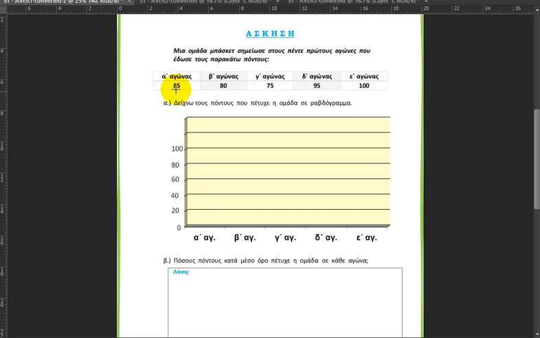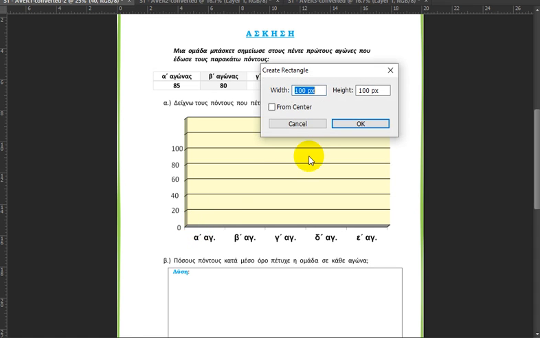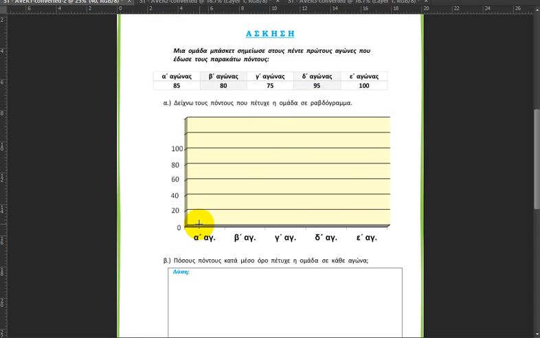So in the first match, they scored 85 points. So that's going to go, and this is a rough estimate. It's not exact. You could take your ruler, but it's really not necessary right now. It would be about here.